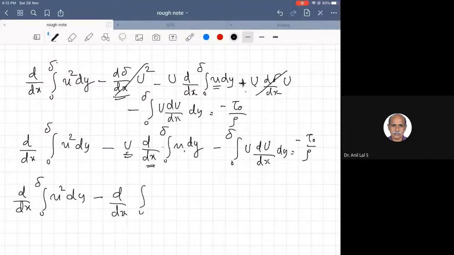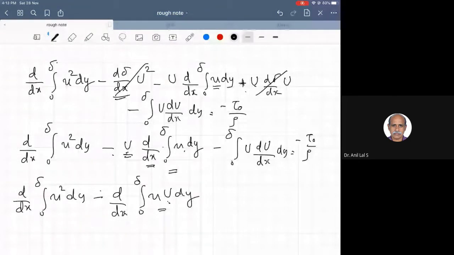So the differentiation is done on the product, and d by dx of capital U is taken outside. But I have an additional term because of the differentiation on capital U. This is negative, this is negative, so we'll have something added: dU by dx into the integral 0 to delta of u dy.